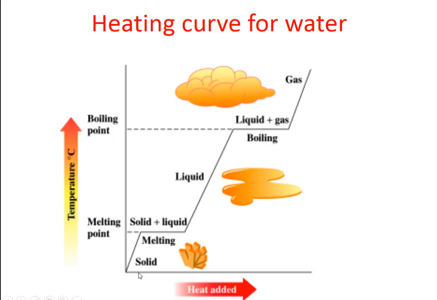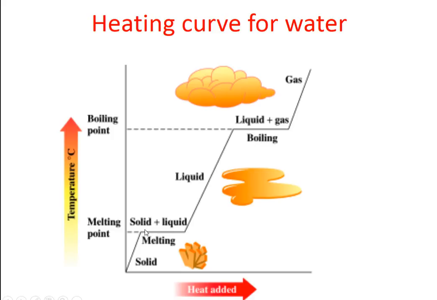So if you heat up ice on a hot plate, you start raising the temperature of the ice from whatever it was, whether negative 10 or negative 15 degrees Celsius, up to 0 degrees Celsius. At 0 degrees Celsius, if you add more heat, the ice will start melting.